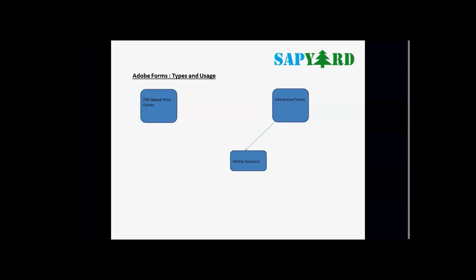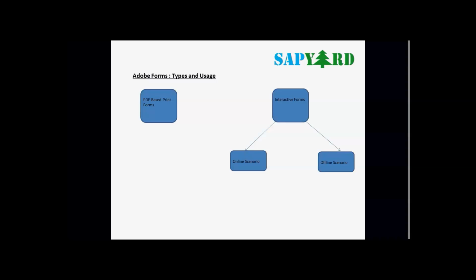As soon as they save that form, the data entered by the end customer will automatically be updated in the SAP applications, because the customers are already logged in to the SAP application through the portal. So whenever any end user is logged in to the SAP network and they are working on the PDF manipulations, or they are getting some interactive features in the PDF, then you can consider that an online scenario.